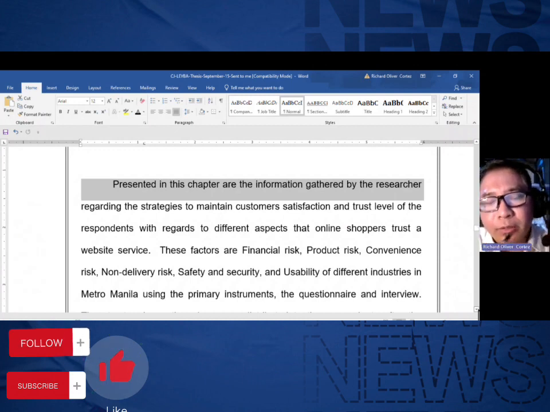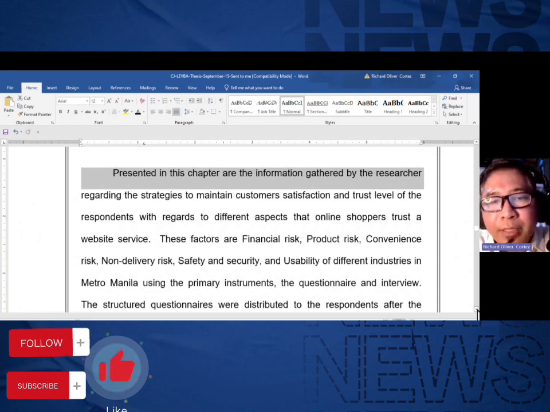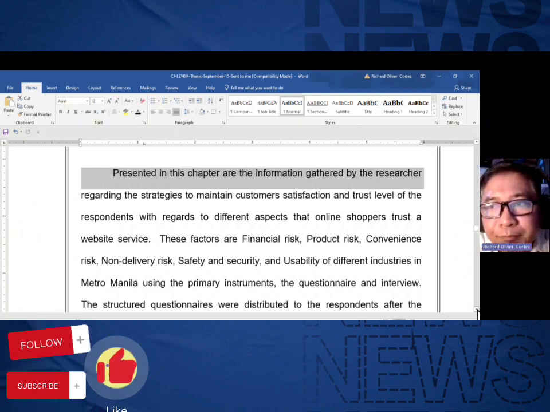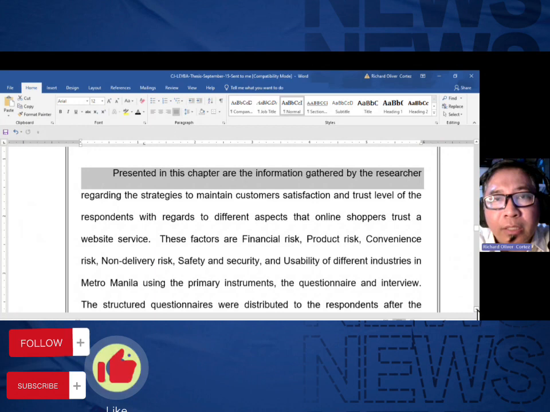So your opening should be like this one: this chapter presents the information gathered by the researcher or researchers when it comes to what those product risks are, how frequent those risks are happening, and the recommendations of the respondents on how to avoid risk in online selling or online stores.